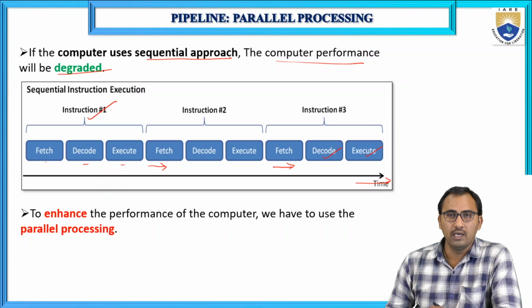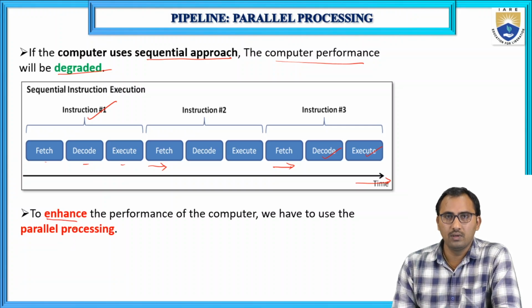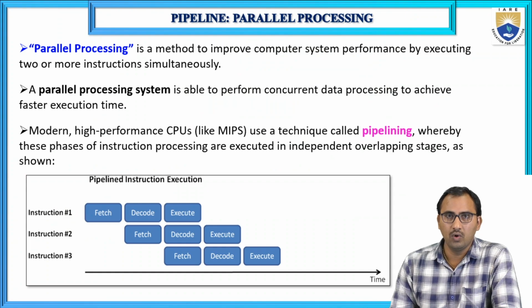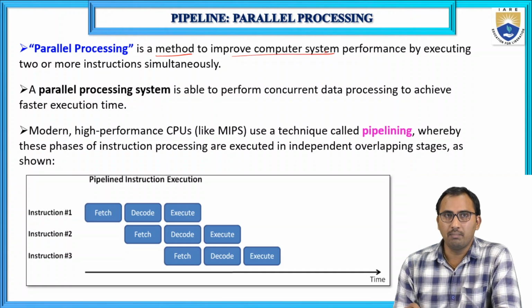In order to enhance the performance of the CPU, we are using the parallel processing concept. What is parallel processing? Parallel processing is a method used to improve the computer system performance by executing two or more instructions simultaneously.